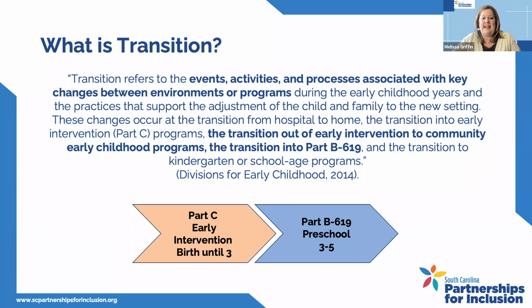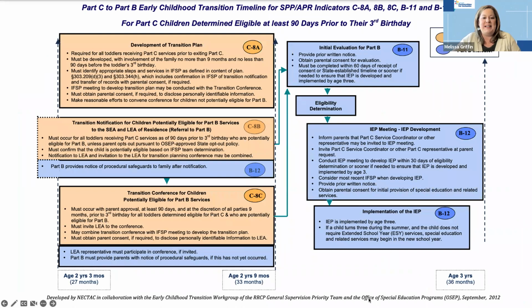Now, the next slide is pretty text heavy, but I wanted you all to see this because if you look at this, you can see that transition is not a one and done process, right? It spans over the course of the entire 2nd year of life. And it's actually a process in which both Part C and Part B need to work together.